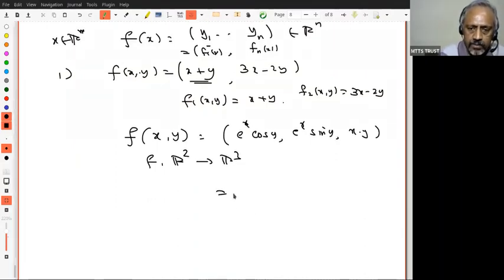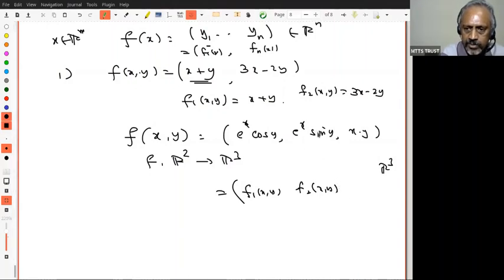Therefore, this is your first coordinate in R3, this is the second coordinate, this is the third coordinate. But each of the coordinates is a function of x and y. You understand? Therefore, I can write this as f1 of xy. What is f1 of xy? It is e power x cos y. This is f2 of xy. What is f2 of xy? It is e power x sin y. And this I can write as f3 of xy. What is f3 of xy? x times y. You understand?